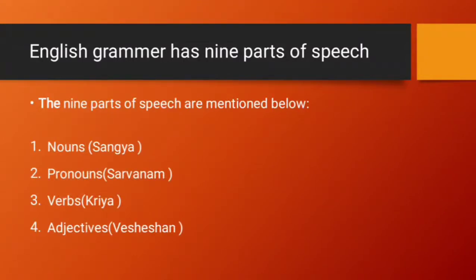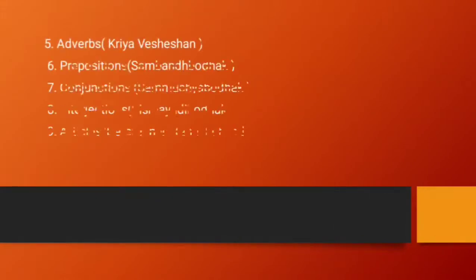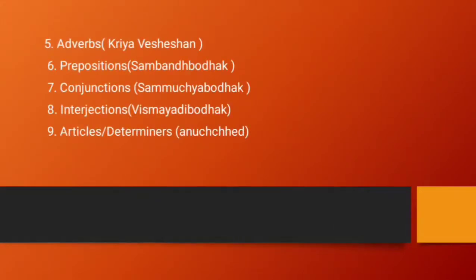Noun, which in Hindi we call संज्ञा, pronoun, सर्वनाम, verb, क्रिया, adjective, विशेषण, adverb, क्रिया विशेषण, preposition, संबंध बोधक, conjunction, समुच्चय बोधक, interjection, विस्मयादि बोधक, articles and determiner, अनुच्छेद.